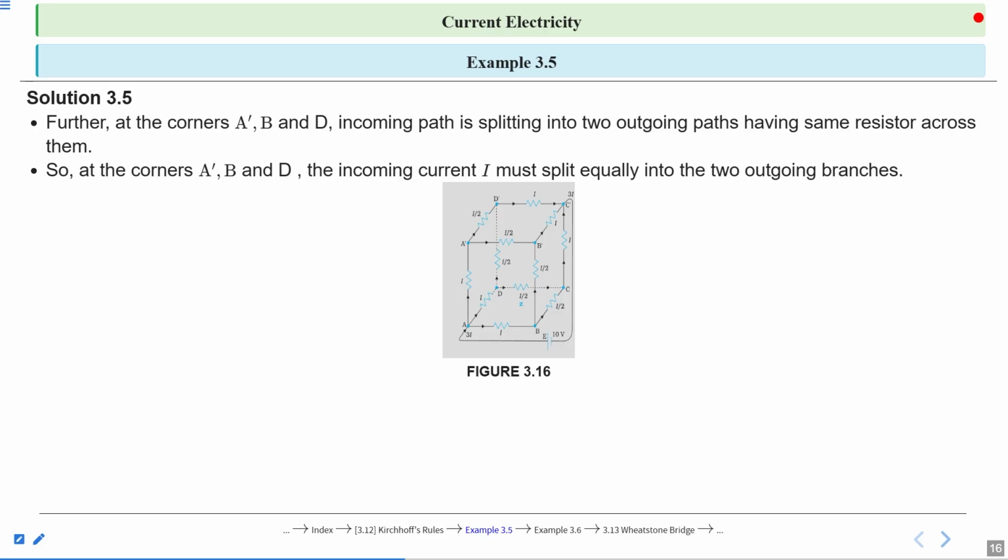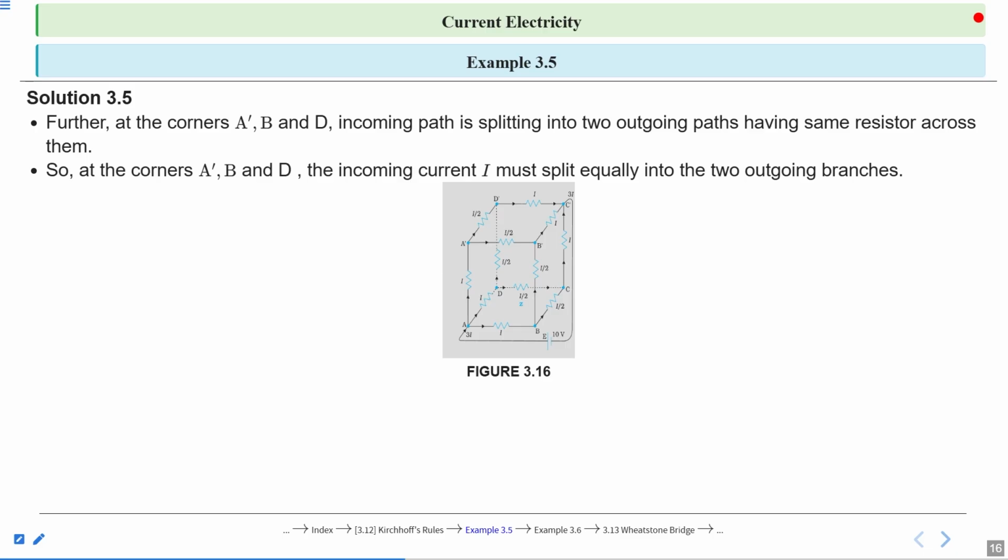Now at corners A dash, D and B, the incoming current I must split equally into two outgoing branches. At corner A dash, the path divides into A dash D dash and A dash B dash. At corner D, the path divides into DD dash and DC.